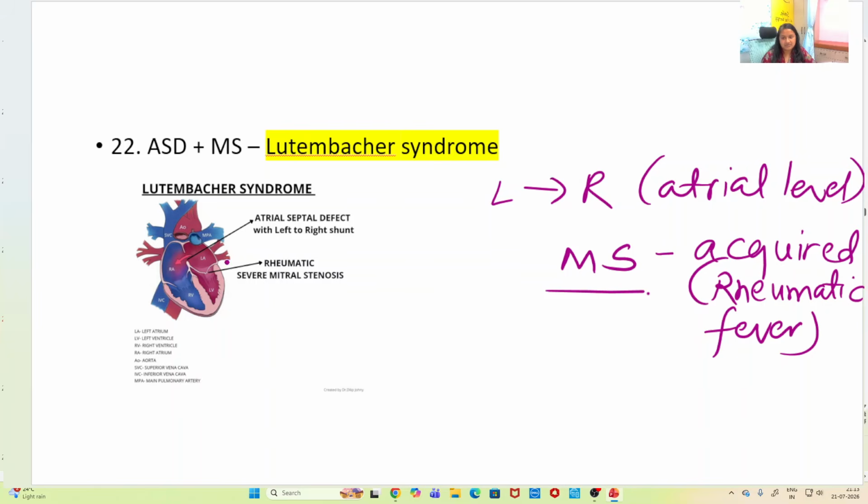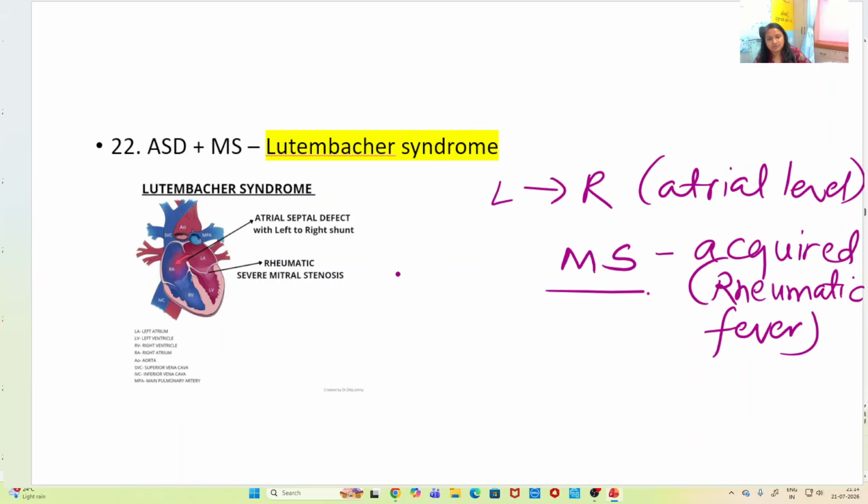Now what happens is because of this ASD, a large part of blood goes from the left atrium into the right. So there is very little gradient through the stenosed mitral valve. So in presence of a large ASD, if there is any lower gradient through this severe mitral stenosis, that still should be considered significant.